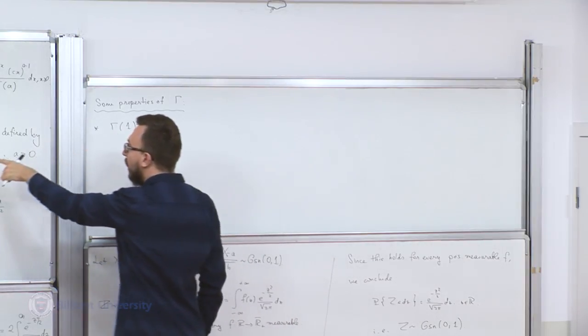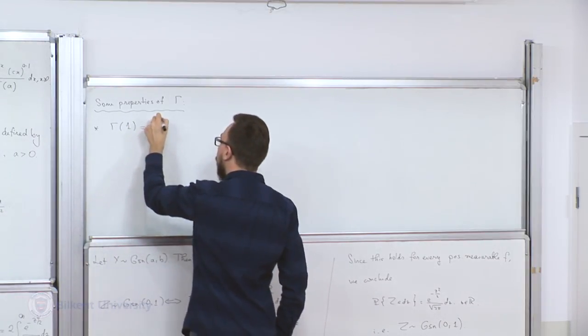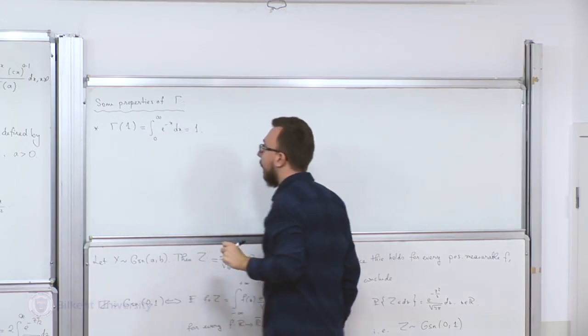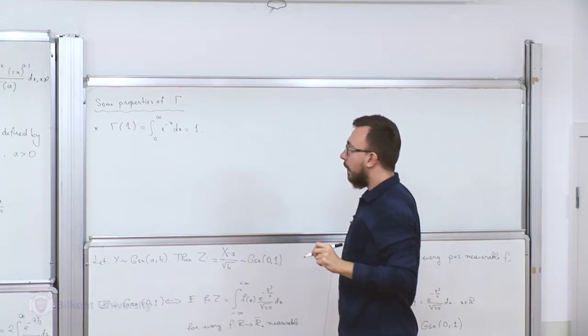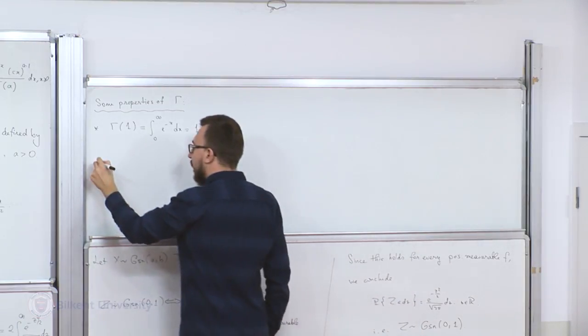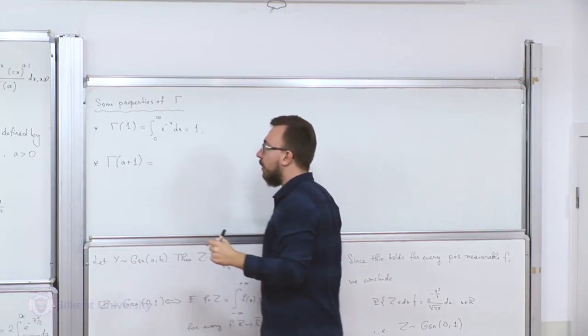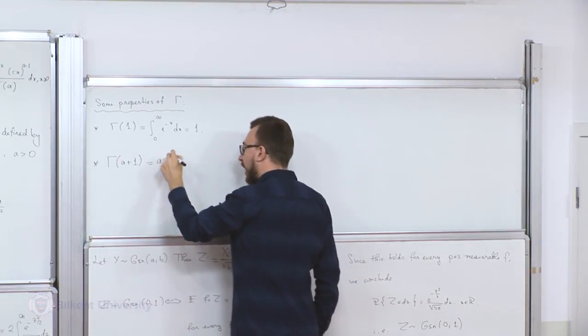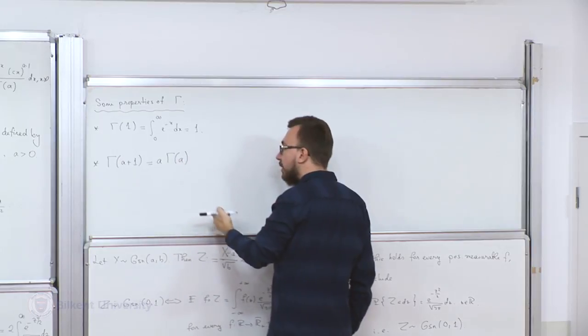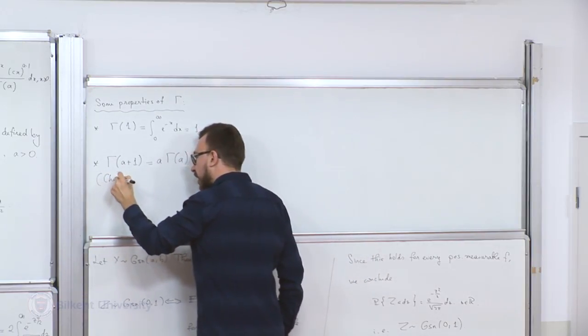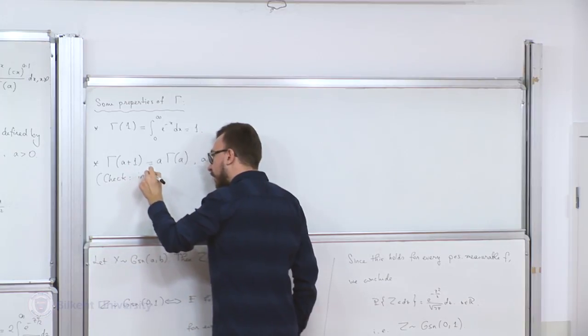Well, gamma of 1 is just the integral from 0 to infinity of e to the negative x dx. Therefore, it is 1. What is nice is that when you try to calculate gamma of a plus 1, this is equal to a times gamma of a. So it's a recursive formula, and this you can check or prove by integration by parts.